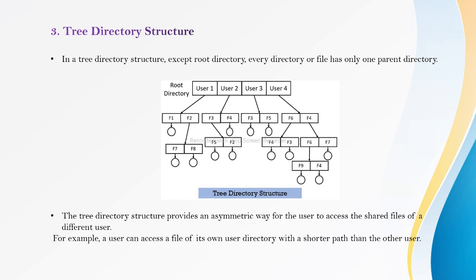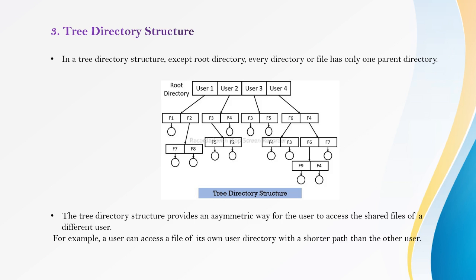Third one is the tree directory structure. In a tree directory structure, except for the root directory, every directory has only one parent directory. So there is a total separation between the users and it provides complete naming freedom.